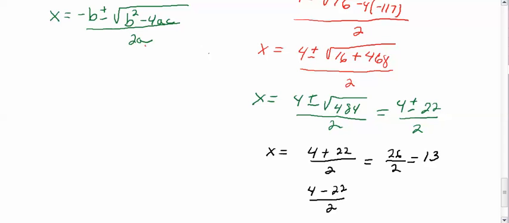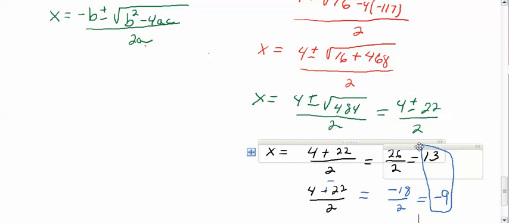And then we do the next one, and it's going to be keep, change, change, and we get negative 18 over 2, and I get a negative 9. So again, these are my answer choices right here. x is equal to 13, and x is equal to negative 9.